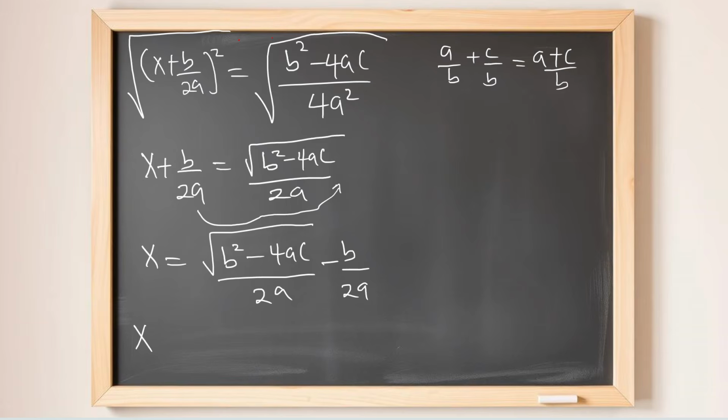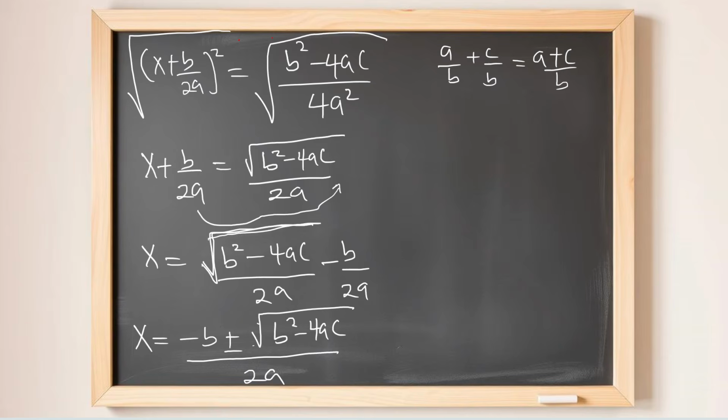So here I have x equals negative b, and to get rid of the square root, the square root of 4a squared is the same thing as saying plus or minus the square root of b squared minus 4ac, everything over 2a.